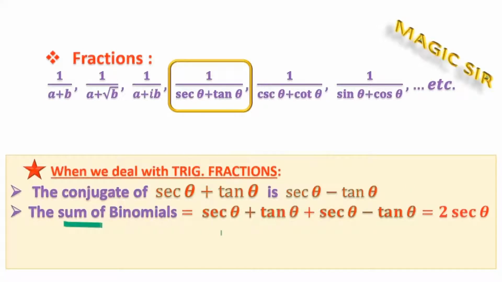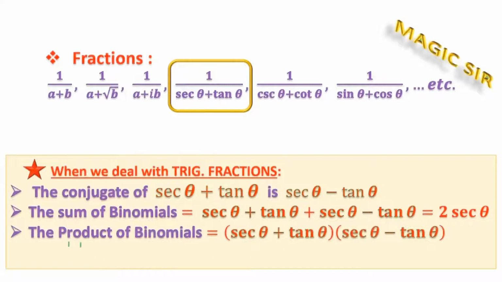The sum of binomials is equal to sec theta plus tan theta plus sec theta minus tan theta. Here, negative tan theta cancels with positive tan theta. Therefore, the sum is equal to twice sec theta.